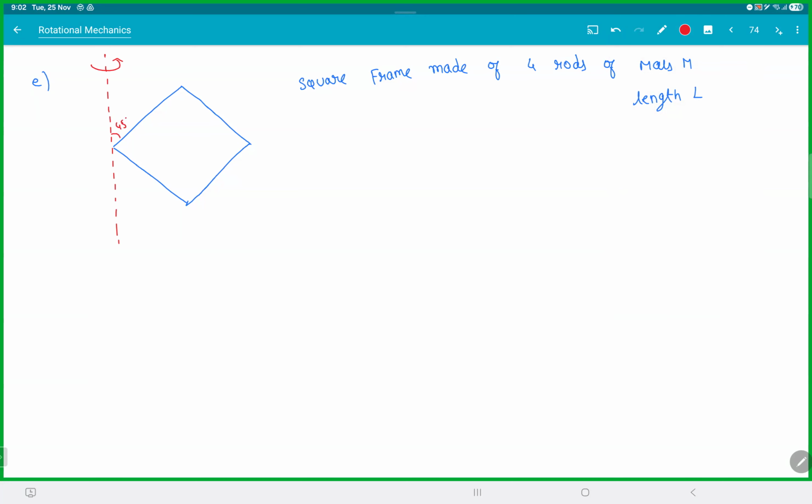This is 45 degrees. So this axis is in the plane of the frame. Axis is passing through a corner and parallel to the plane. Meaning this line and this square plate are in the same plane.